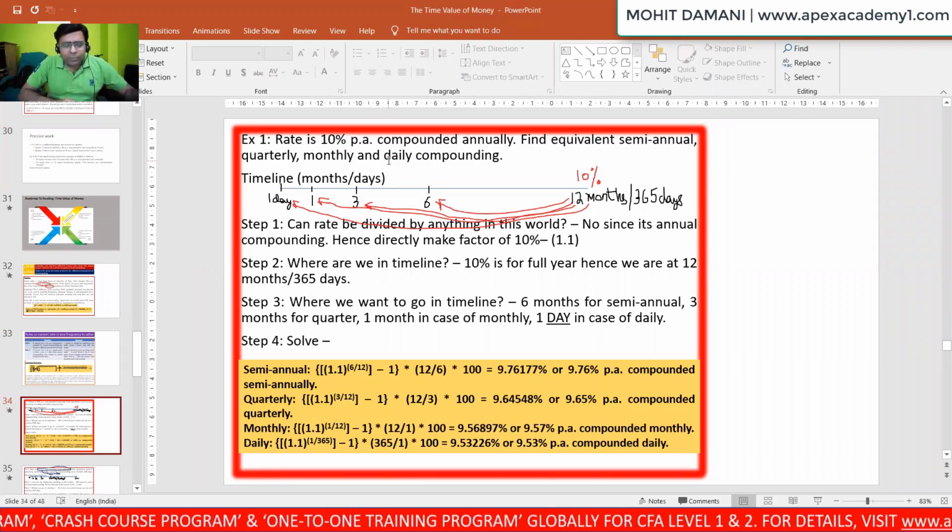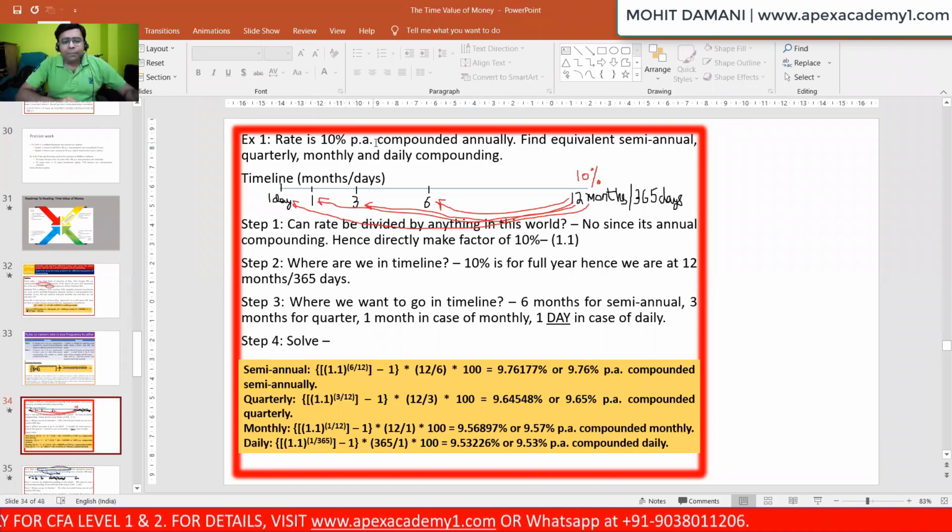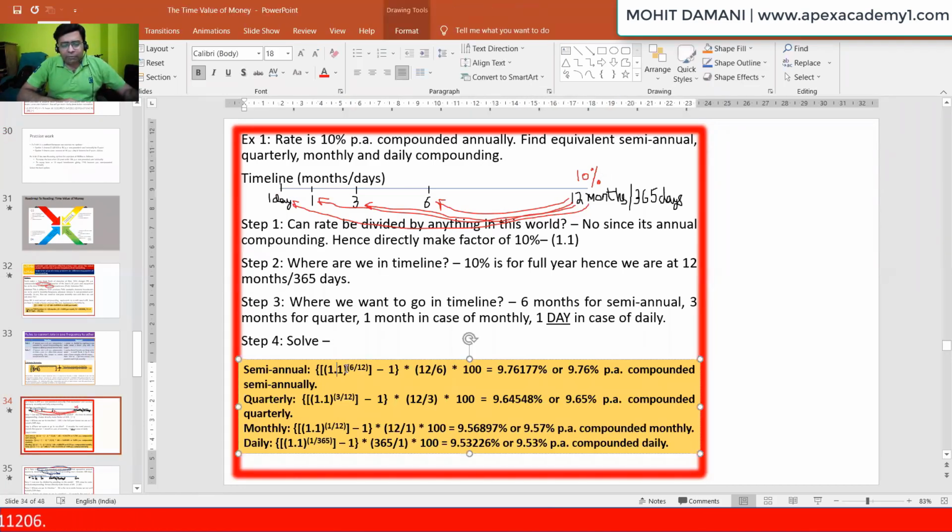Now let me explain how it works. Rate is 10% per annum compounded annually. Find the equivalent semi-annual rate. Suppose I ask you to perform this function on the calculator. How will you do that?